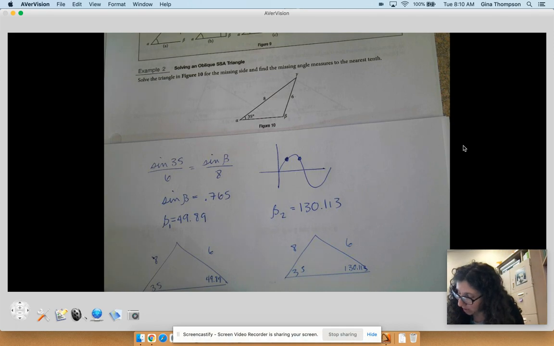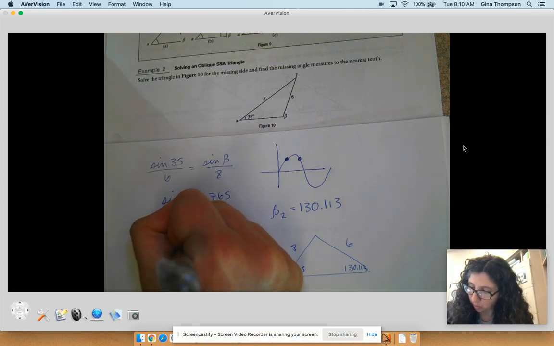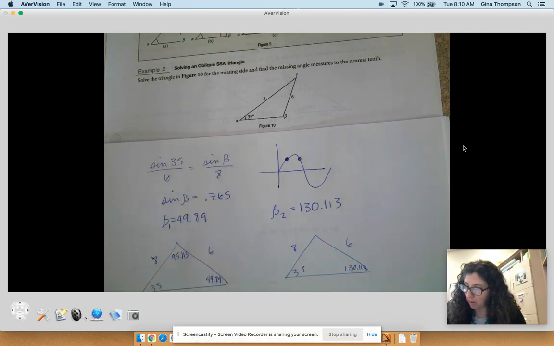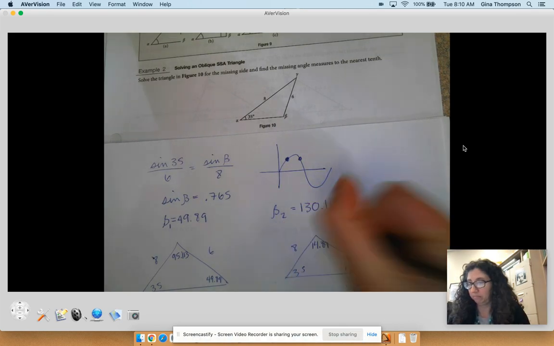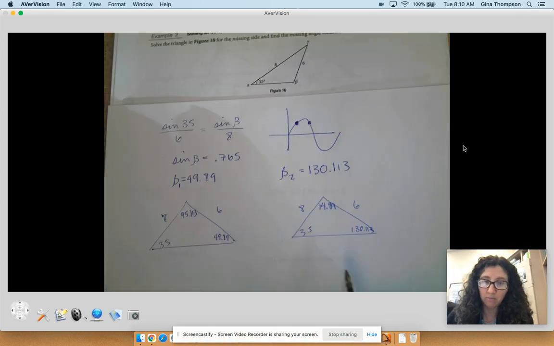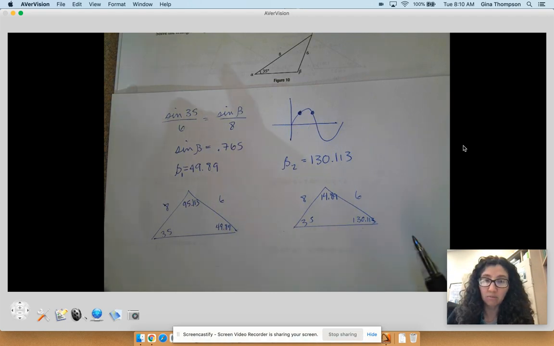If we had 180 minus 35 minus 49, this angle would be 95.113. And that's cool. How about this one? We'd have 180 minus 35 minus 130, and that would give us an angle of 14.89. Both of those seem fine, right? And now we are just left to solve for this last side.